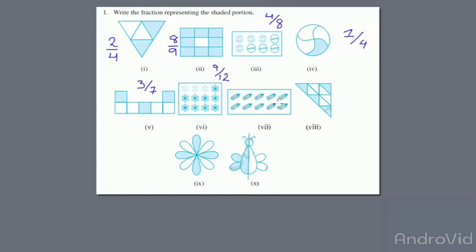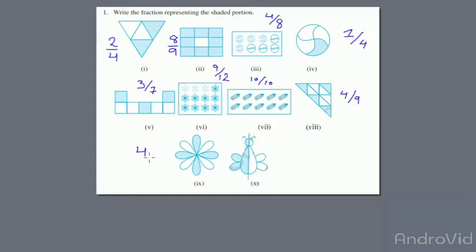Here we see all the shaded portions. So we have how much? 10 over 10. Here we have 1, 2, 3, 4. Total number of portions we have, how much? 9.